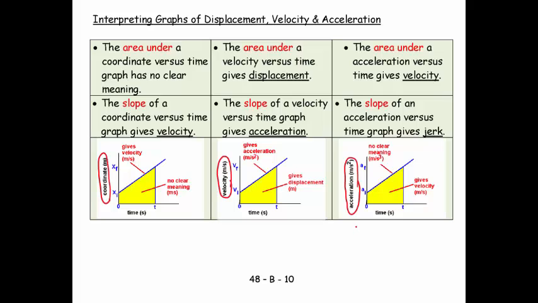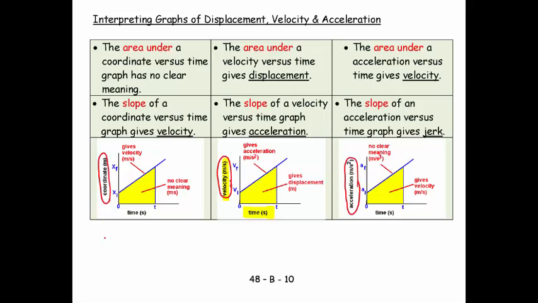It's a different question. So always make sure you double check what the axes are on a graph, because the way you interpret the graph depends upon the axes. And some people even go as far as highlighting. They'll get a highlighter and mark it so that people know, oh, this is a velocity versus time graph. I know what I'm talking about. You know, once you've been bitten, you don't want to be bitten again.